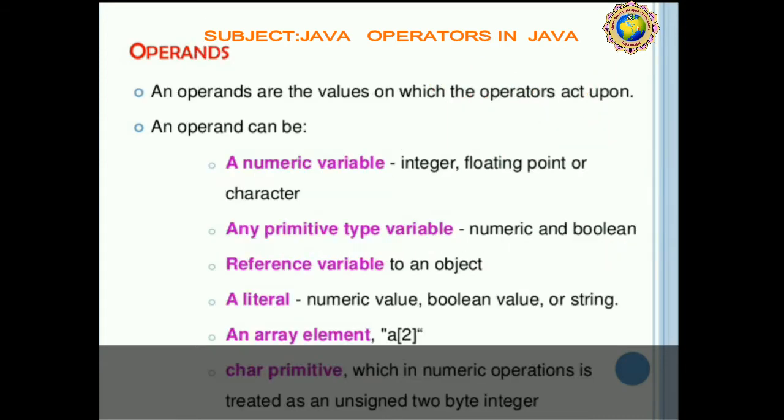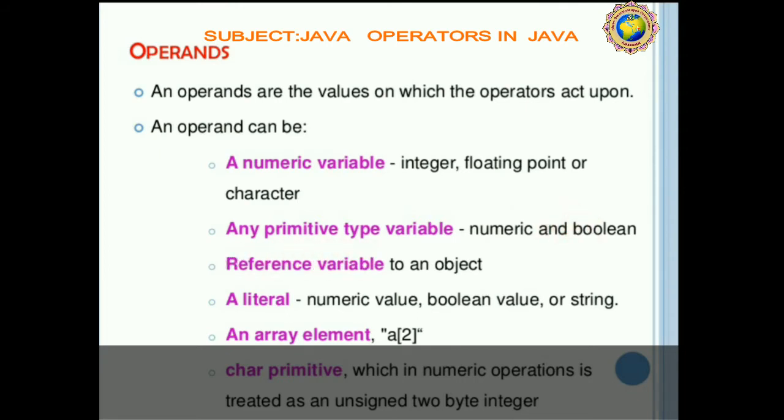Next, operands. Operands are the values on which operators act, like numeric variable, non-primitive variable, any primitive variable, reference variable, literal variable, array element, and character primitive. So numeric variable, that is an integer, float, or character. Any primitive type of variable, that is numeric or boolean.